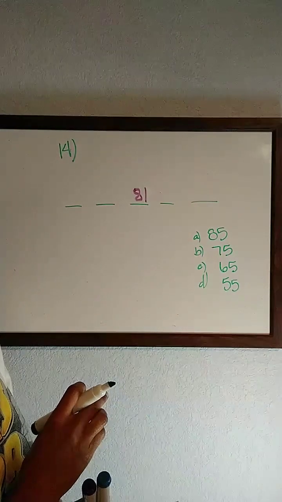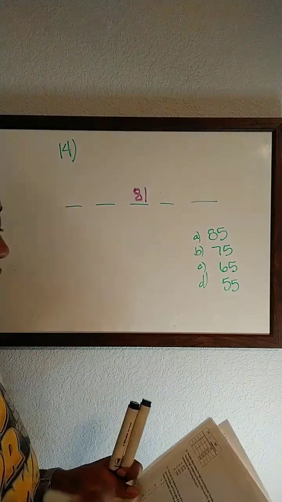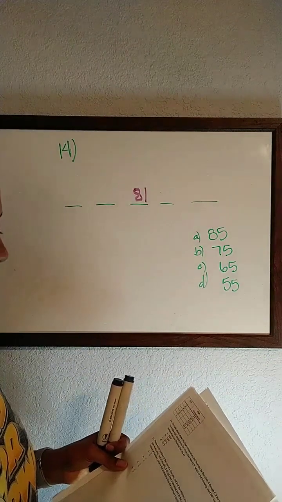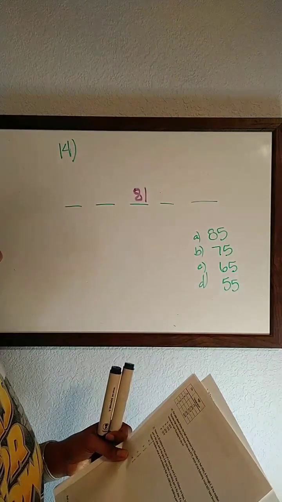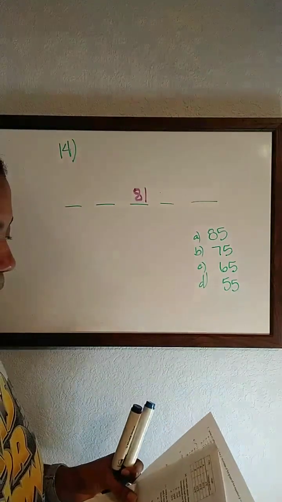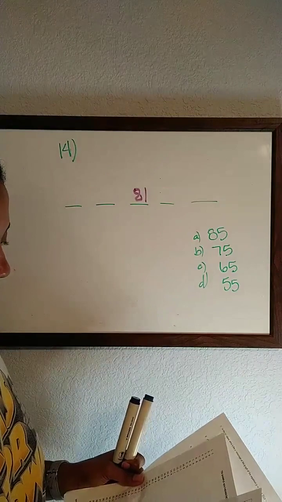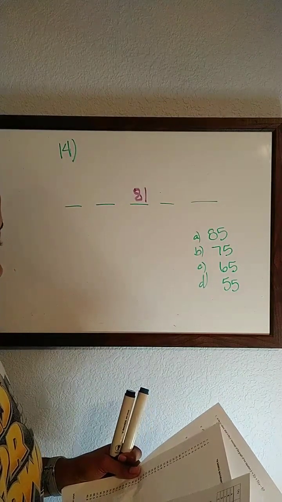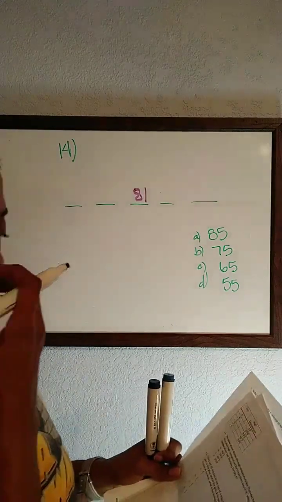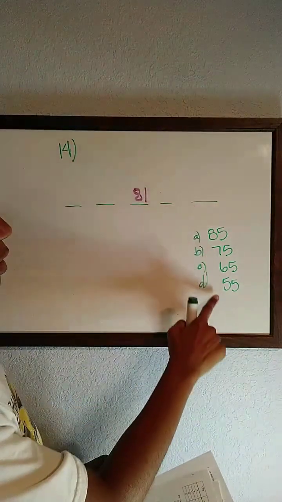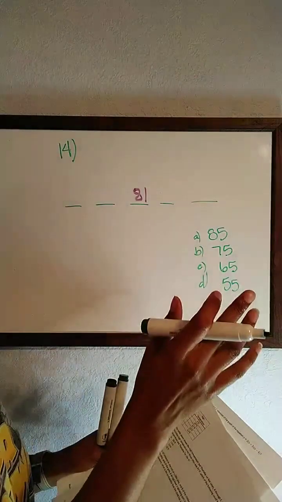Mimi, you said 55. Why do you pick 55? So where would 55 go on here? Can you read the question again? It says, which one of these answer choices would not fit in the data set?